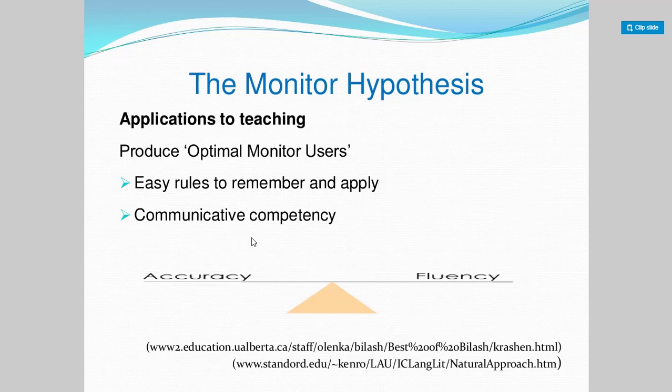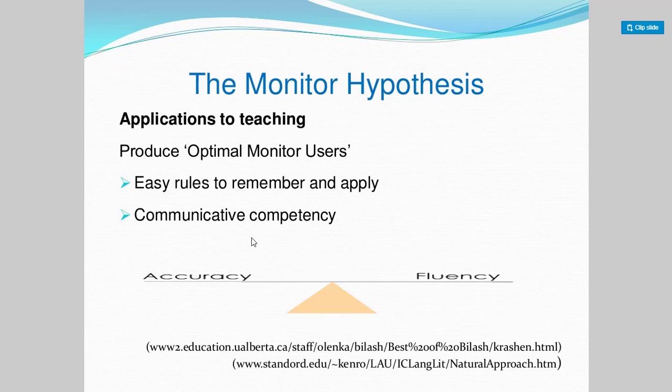Okay, so there's going to be an application here for teaching, in order to produce optimal monitor users, and remember what optimal monitor users are. They're going to learn by taking into account what they can do, by taking into account their own learning process or learning skills. So in this case, both teachers and students need to create rules for them to remember and to implement this knowledge.